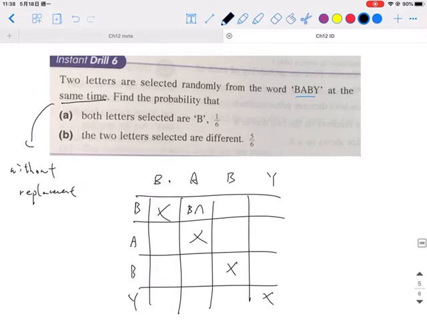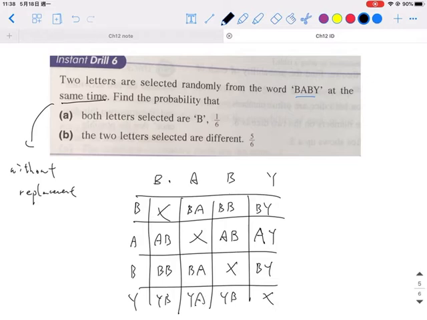So I write down all the outcomes first. A, B, and A, B again. A, Y, and so on. So you will get 12 outcomes. So the total outcomes is 12.